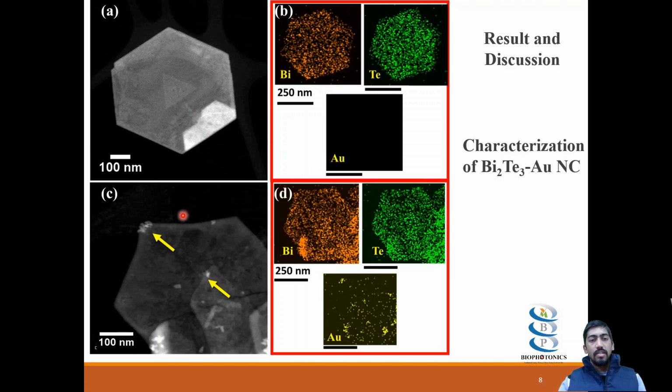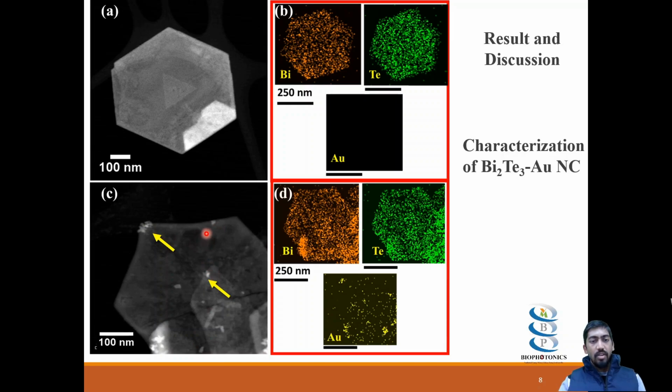So second, I use these nanosheets and make a gold nanocomposite by in situ deposition of the gold nanoparticles on the surface of the bismuth telluride. So we can clearly see in the TEM image the nanoclusters are deposited on the surface and some holes are created.